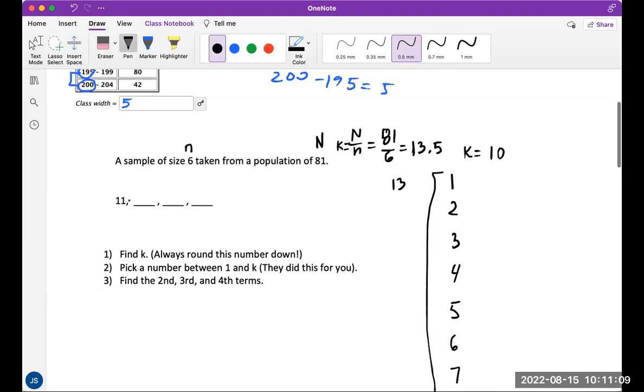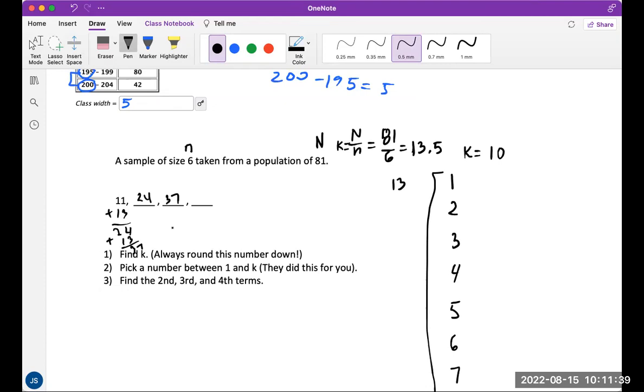Okay, so they did step 2 for us, finding this 11. Now to find the second and third and fourth terms, which I was doing over here, you just take the first term and you add your k. In my situation, it was the 13. So that's how we got the 24. And I circled the 24. Then it said, what's the next number of the term? Well, you add another 13. 37, that's where I got the 37.